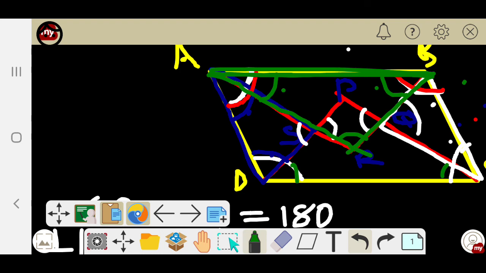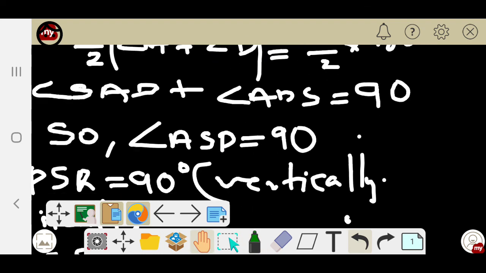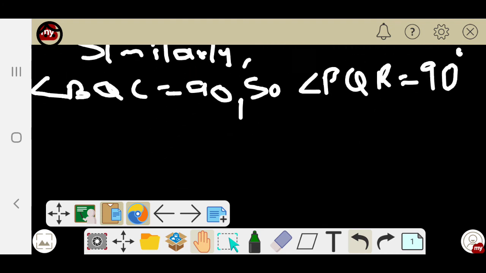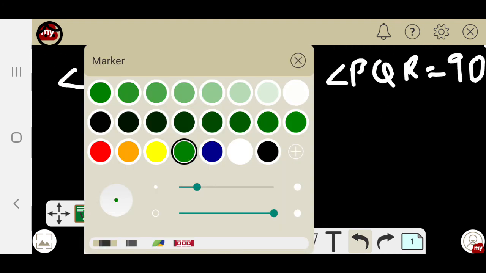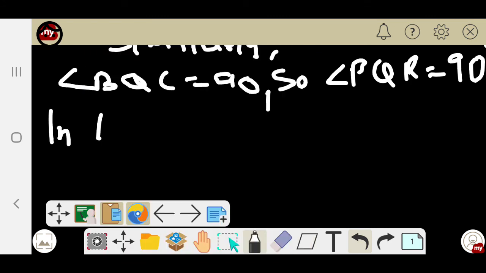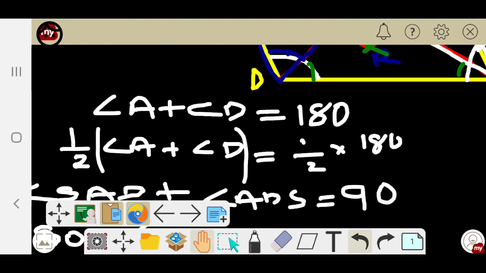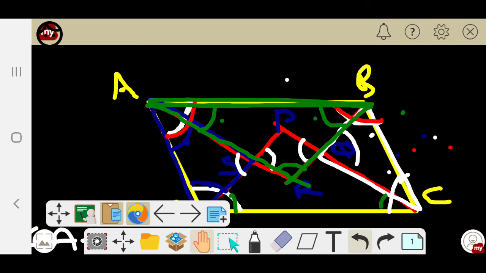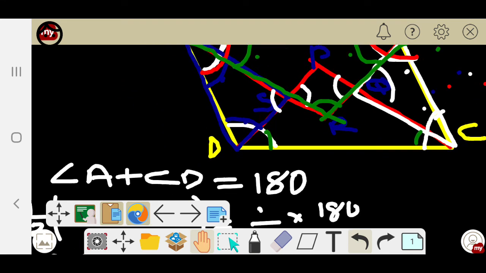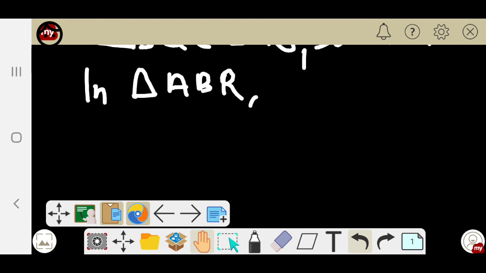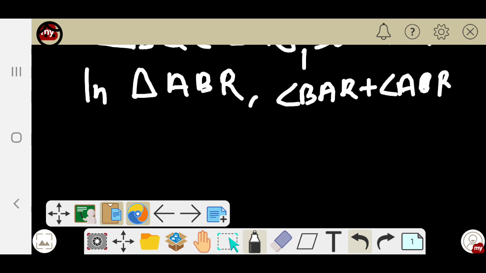Then we can write in triangle ABR, angle BAR plus angle ABR equals 90.